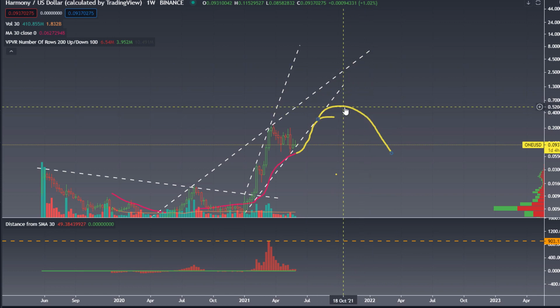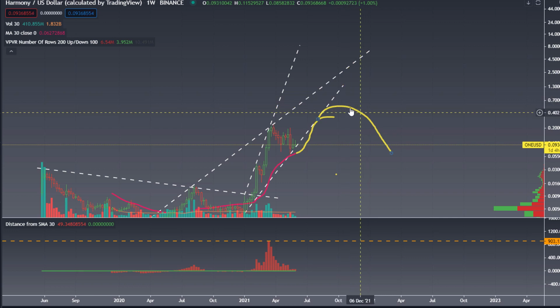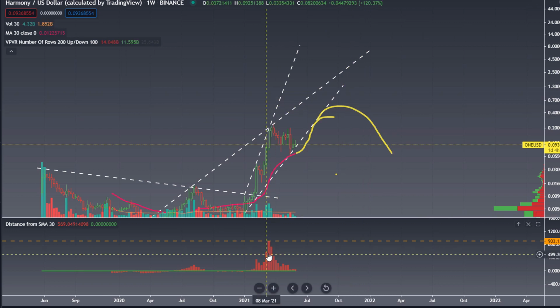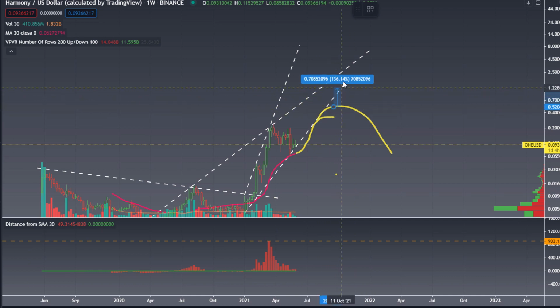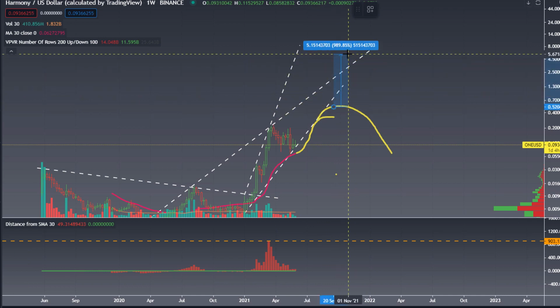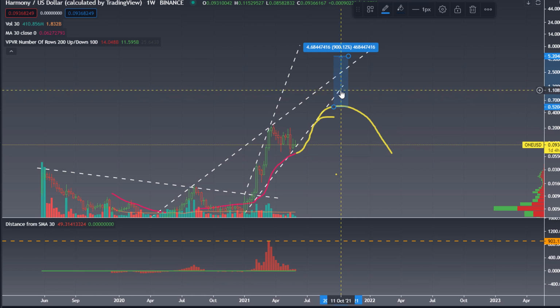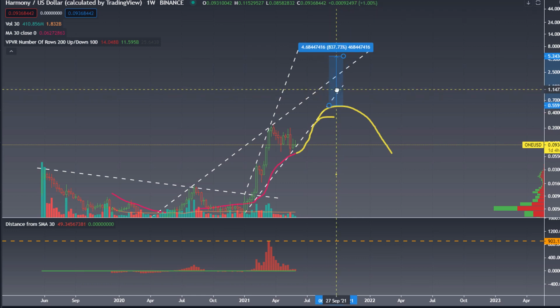But the main thing we want is based on this distance from the moving average. So if we were to say here, how far is 900% from that moving average? If the moving average got that far, by the time it gets there, it's curling over on itself.